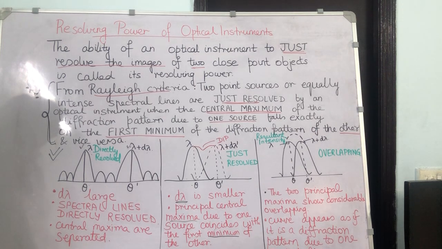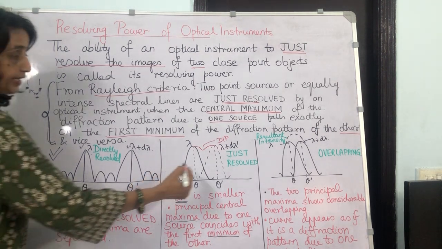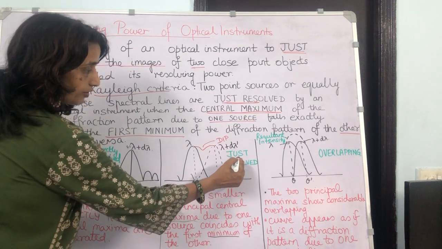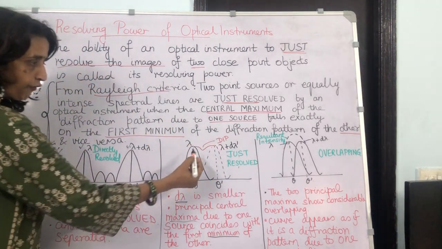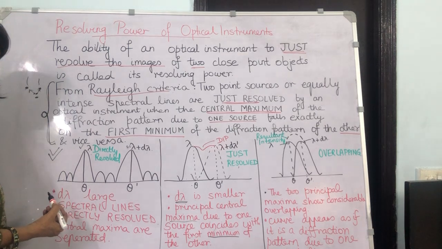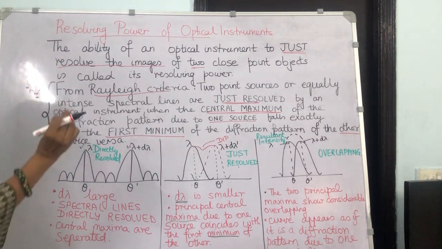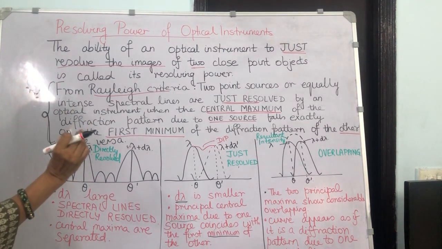Then we say that the spectral lines are just resolved. From this point onwards, you can just see two clearly resolved images.